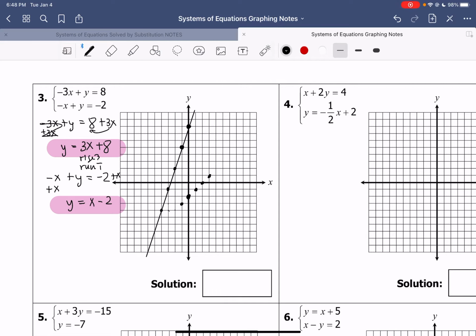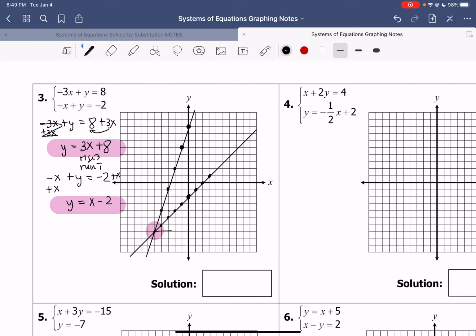I'm going to also go in this negative direction since I don't have a ruler right now. So I see that these lines intersect. Again, I'm going to go ahead and highlight that intersection point in pink.